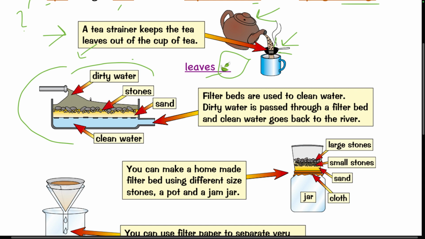And that's why the color of the water is different. So this is dirty water, and under it we have some stones, as we can see, the name is here, and under the stones we have sand. Then under everything, under the stone and under the sand, we have the clean water.